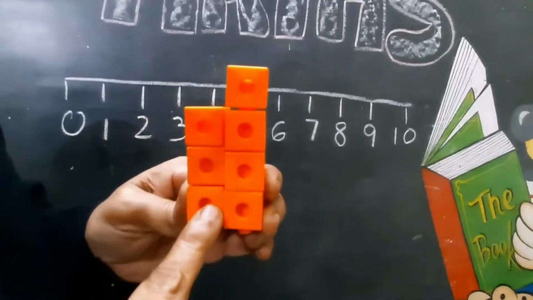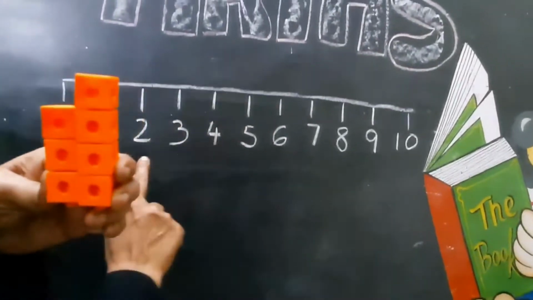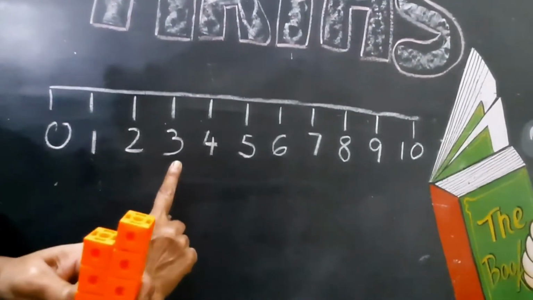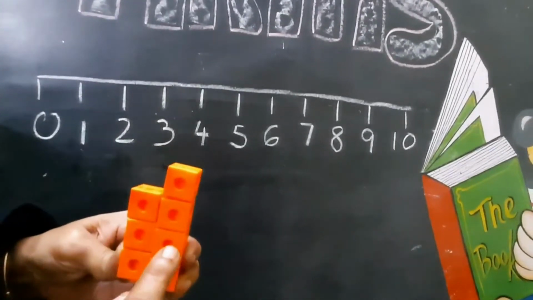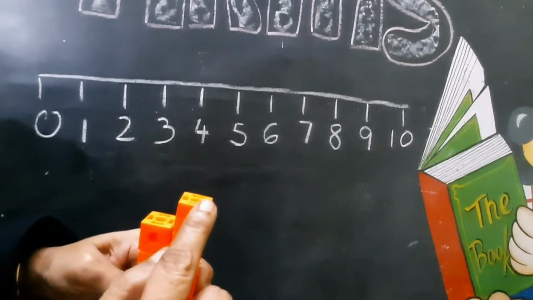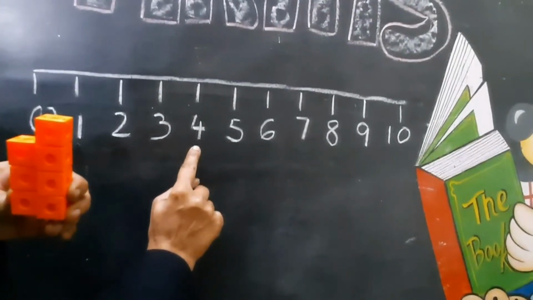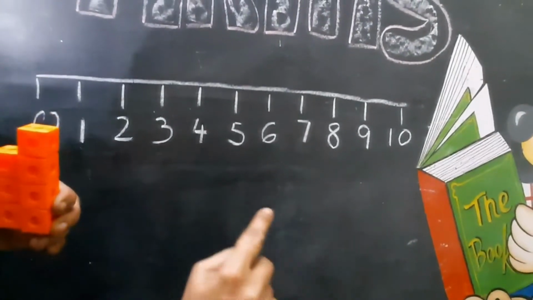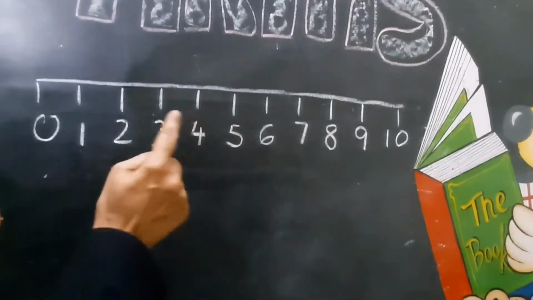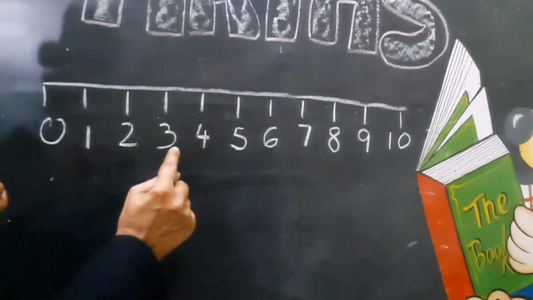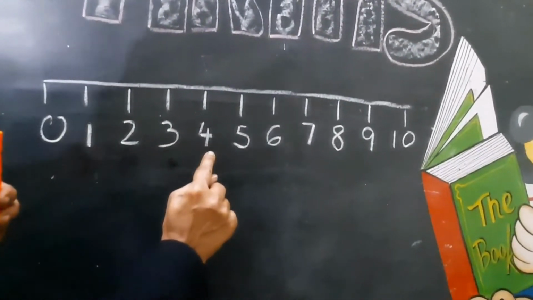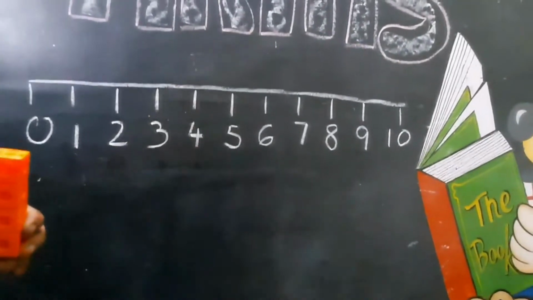This one is less quantity, it means 3 is a smaller number. And 4 is more quantity, it means it is a greater number. One of the reasons is that we speak 3 first. So 3 is a smaller number and 4 is a bigger number.